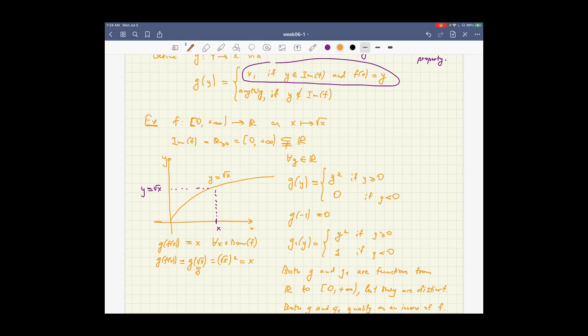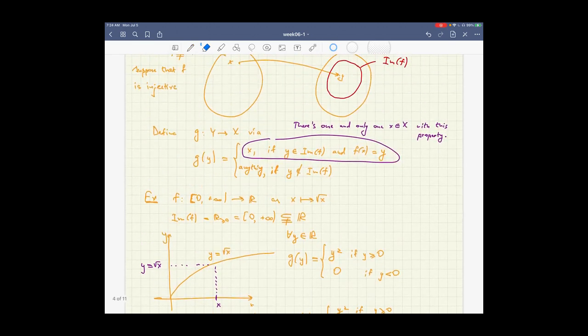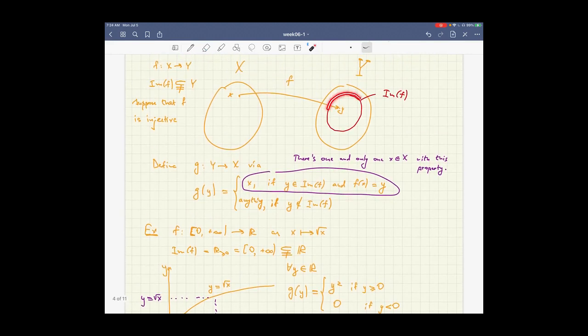The reason why we have this freedom in having multiple inverses is precisely because the image of the function f is not the entire codomain y.